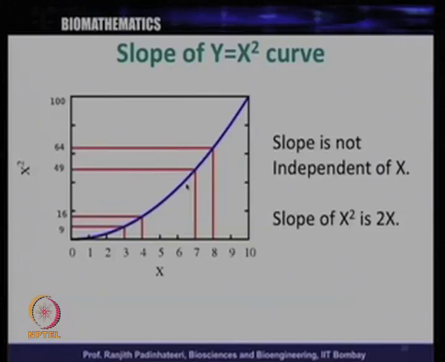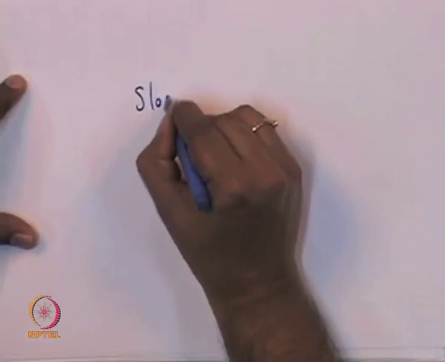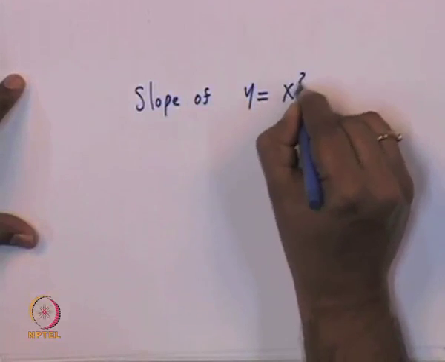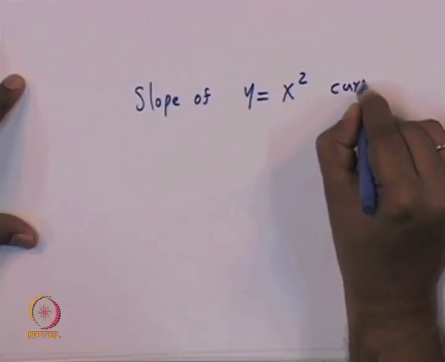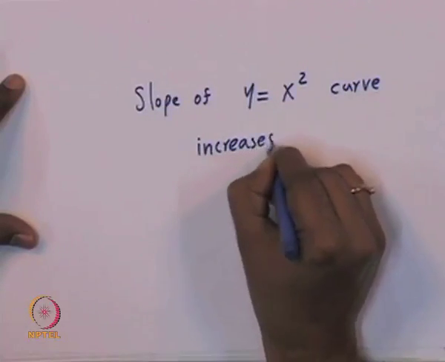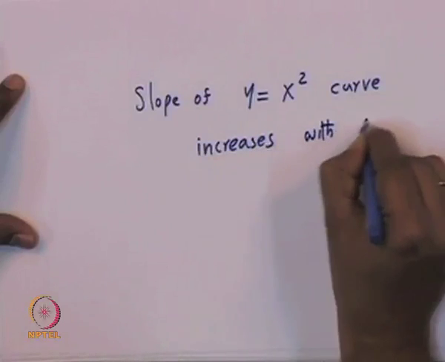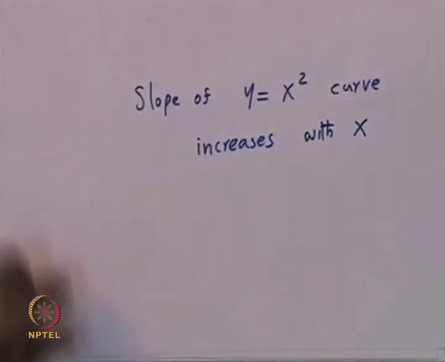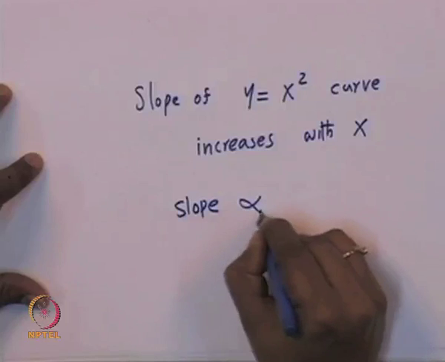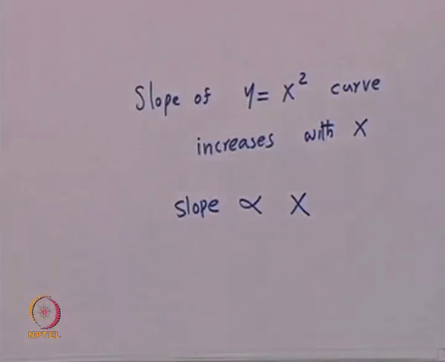This is something we learn just by drawing. We learn that the slope of the y equal to x square curve increases with x. In other words, slope is proportional to x. As x increases, the slope increases.